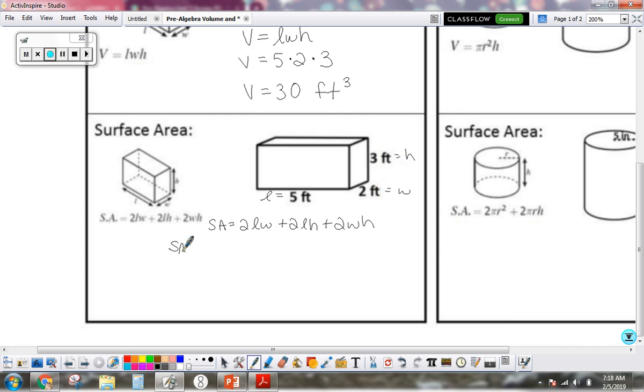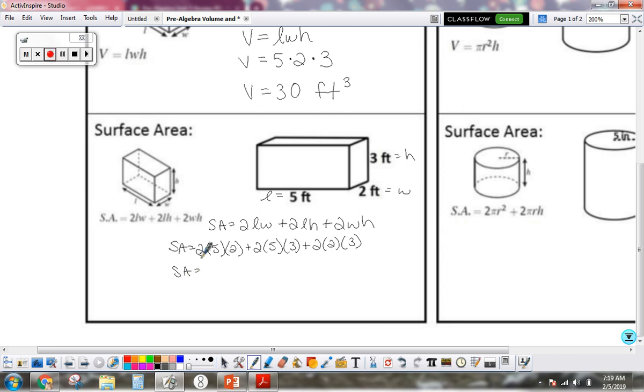So surface area equals 2 times my length, which is 5, my width, which is 2, plus 2 times my length again, which is 5, my height, which is 3, plus 2 times my width, which is 2, and my height, which is 3. Order of operations tells us we need to do the multiplication first, and then we're going to add it all together.